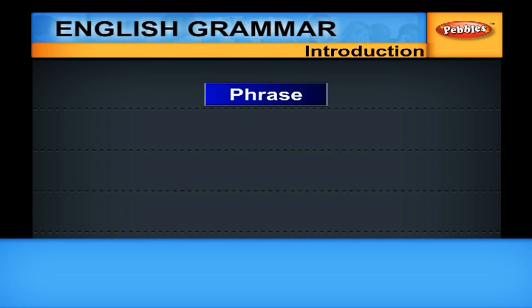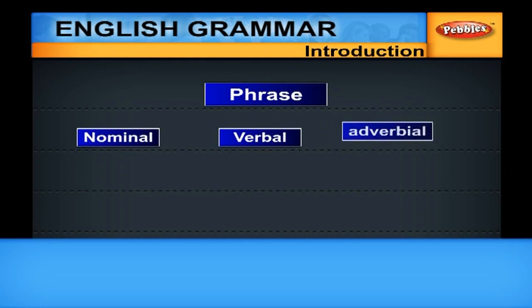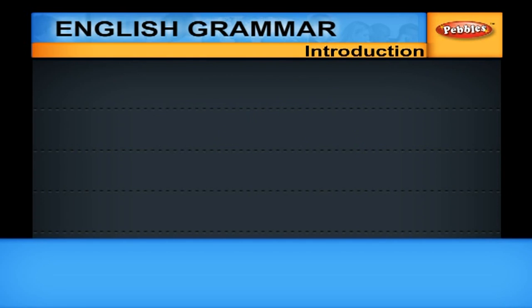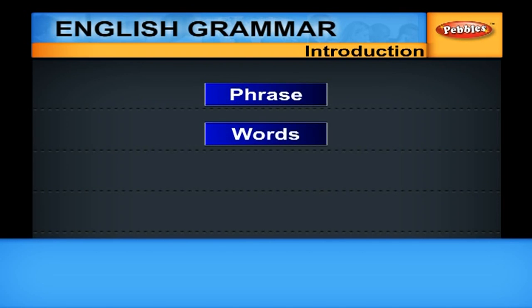A phrase can be a nominal phrase, a verbal phrase, or an adverbial phrase. A phrase is in turn made of words. Words are classified into word classes, what we popularly call parts of speech.